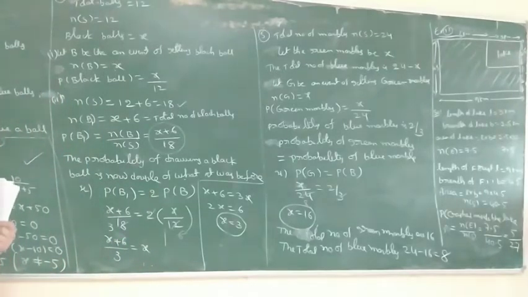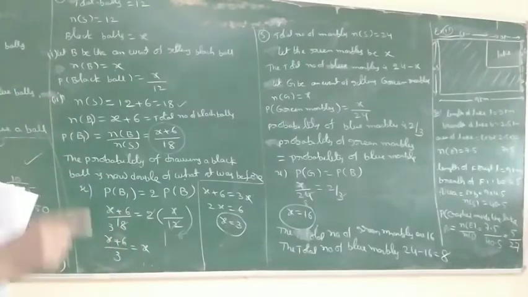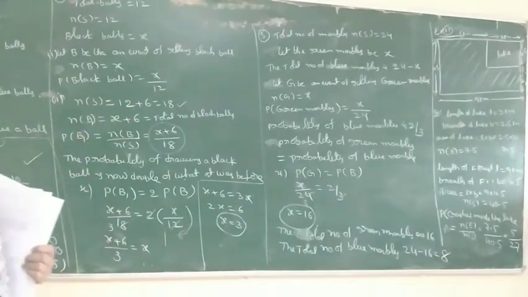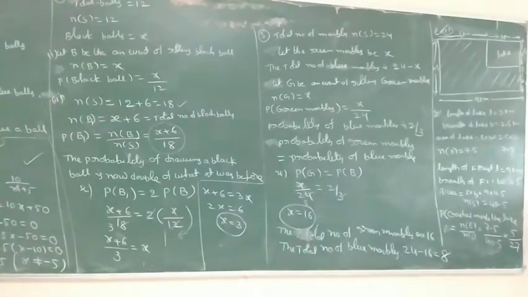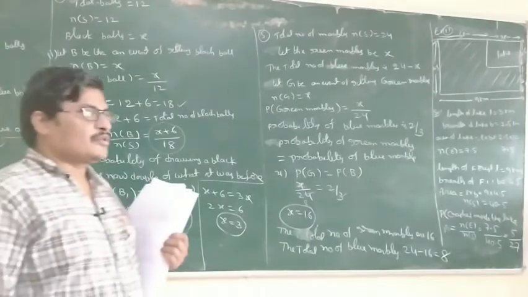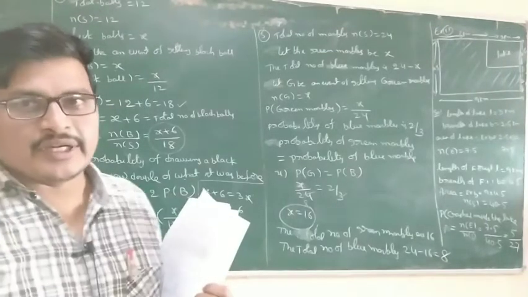In the 20th problem, a rectangle inside a circle, rectangle inside rectangle, lake. The two examples 12 and 13 are very easy, so you have to do them and complete the probability.